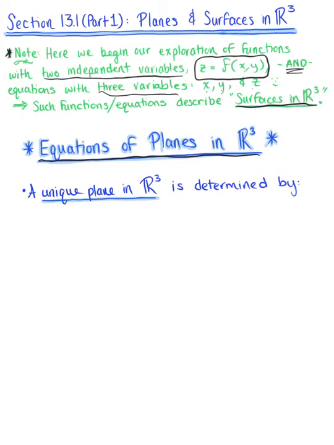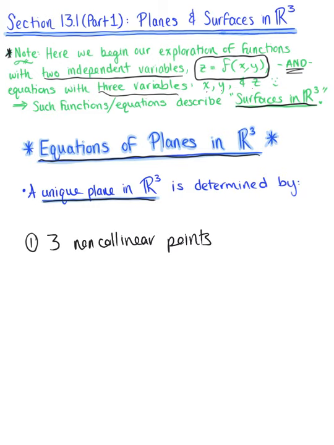But how do we determine a surface that describes a plane? Well, a unique plane in space is determined by one of 2 methods. The first is that a unique plane in space can be determined by 3 non-collinear points, or 3 non-collinear ordered triplets.